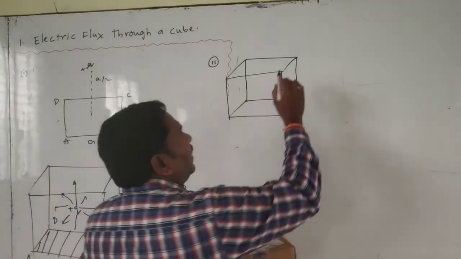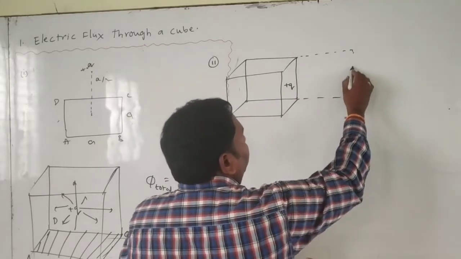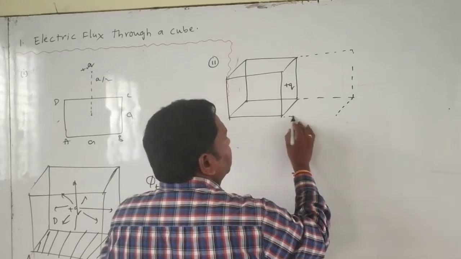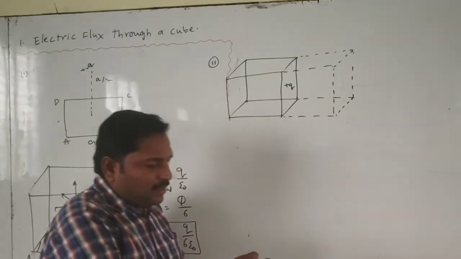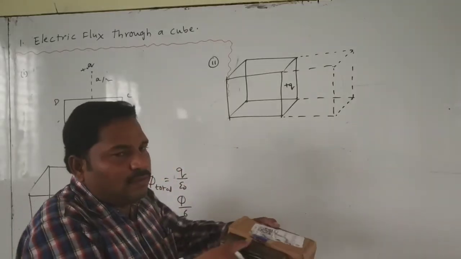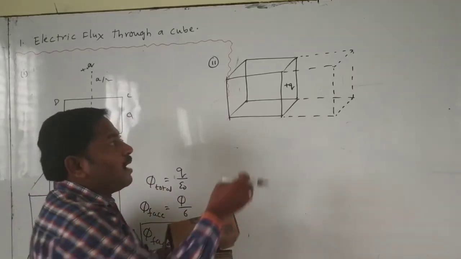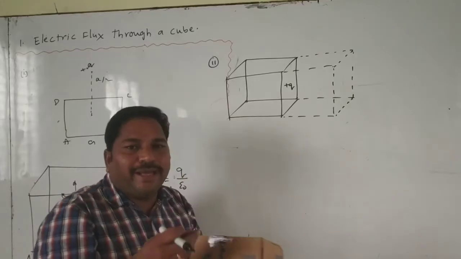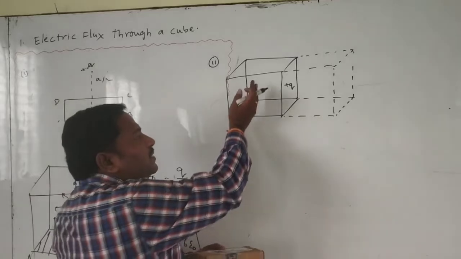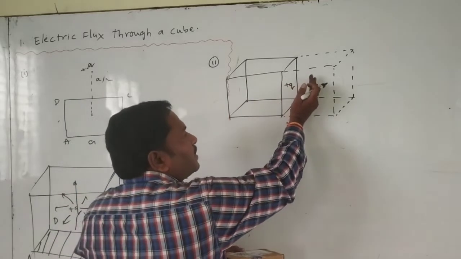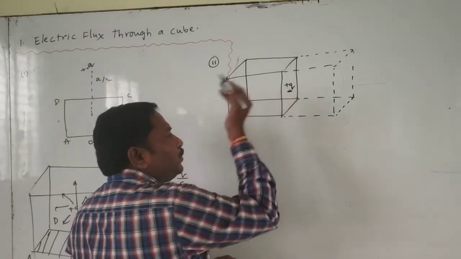So in order to calculate, we construct one more Gaussian cube. This is the cube we constructed. That means we place one more identical cube like this. Now, all the electric lines of force produced by this charge: half of the lines pass through this and half pass through this. That means this charge is shared by the two cubes.